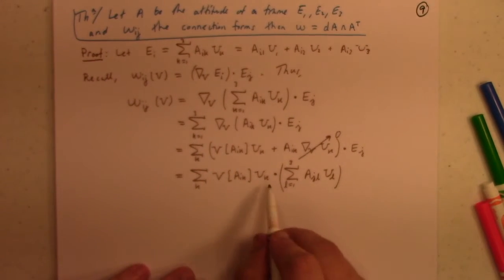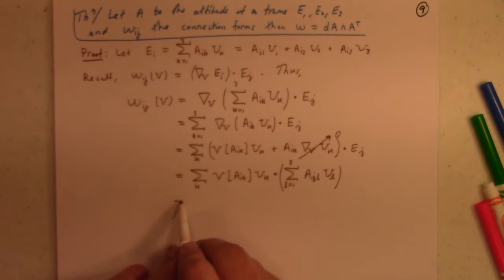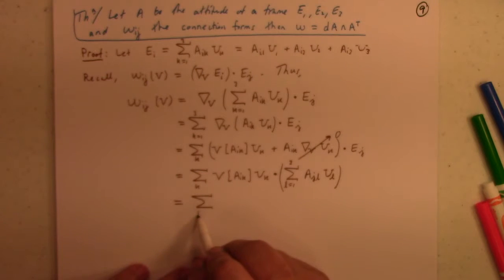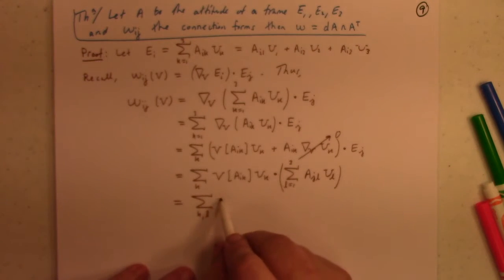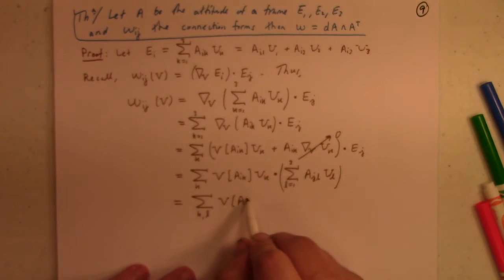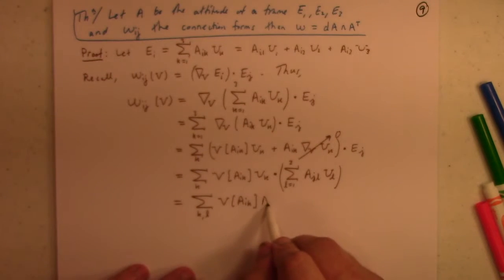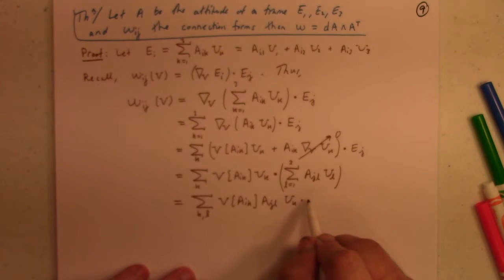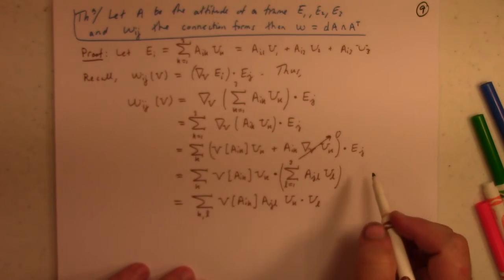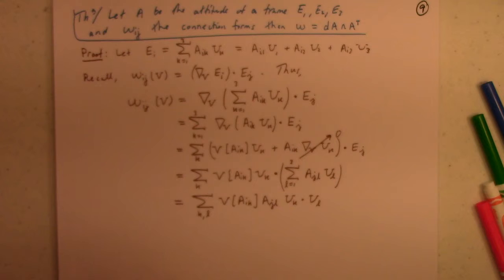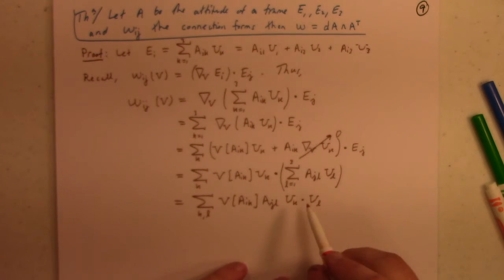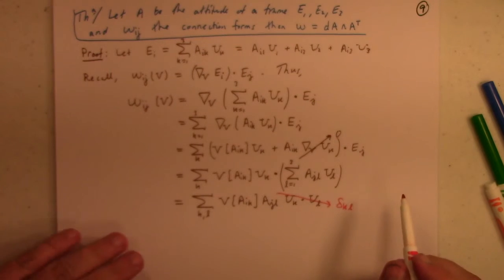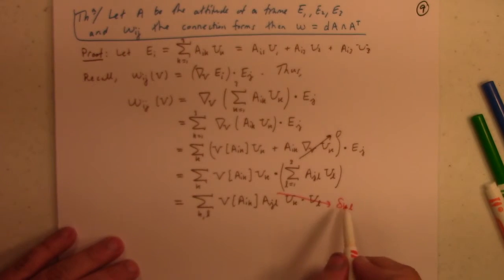Now, what happens with this dot product is I have a sum over k and l, and I've got A ik, A jl, Uk dot Ul. Of course, we know what happens there by the orthonormality of the Cartesian frame. This is just the Kronecker delta kl.